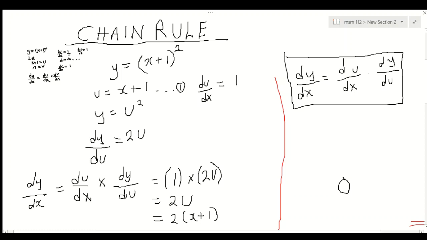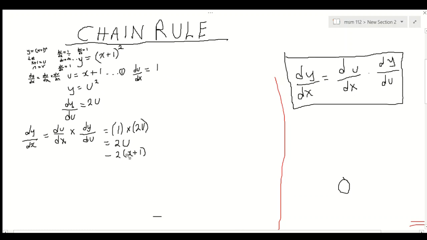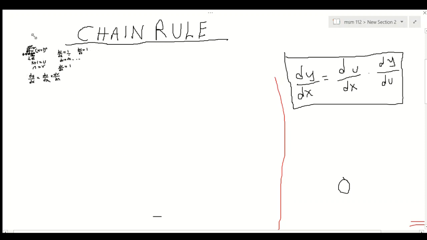So there is a shortcut, but I don't want you to be using shortcuts. Always do the correct procedure or the correct method. Let me show you the shortcut. I'll solve the same example using the shortcut. So I had this function y is equal to x plus 1 to the power 2.